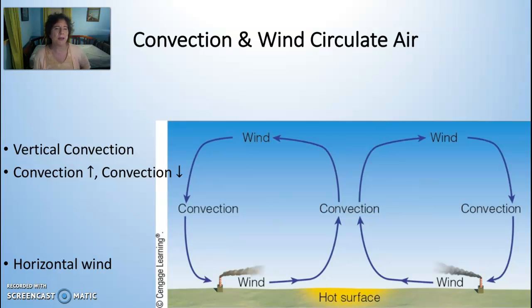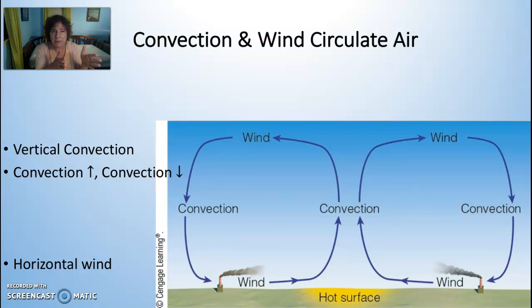You have been doing a lot of work on convection and its relationship to the stability of air. We've been looking at soundings and the vertical profiles of air, and convection is all about the vertical movement of air. And now we're going to pair that with wind, and wind is the horizontal movement of air.